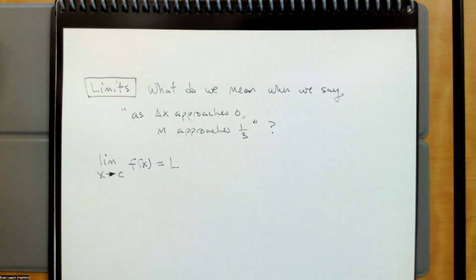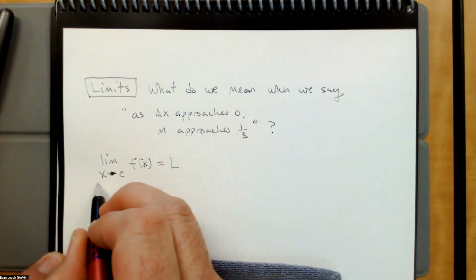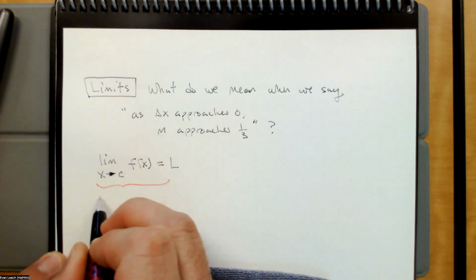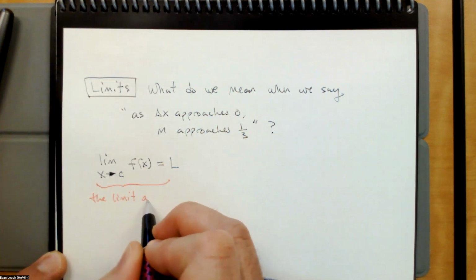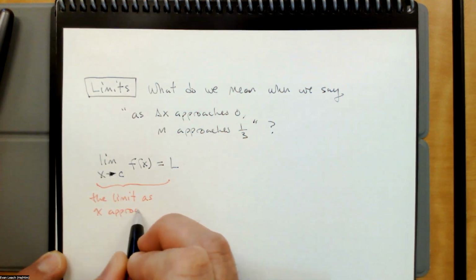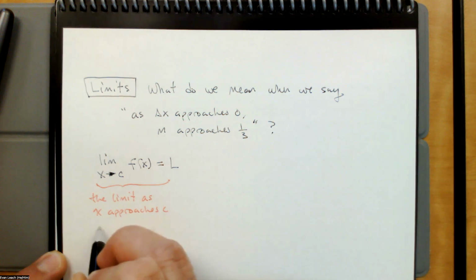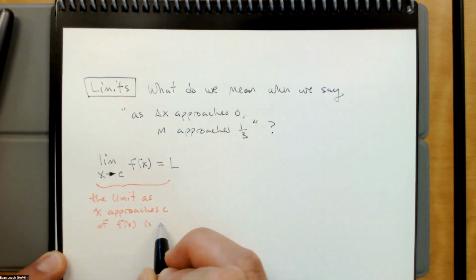This says the limit as x approaches c of f of x equals L. That's why we wanted to write the symbols, if it's shorter. This part here says the limit as x approaches c of f of x is L.